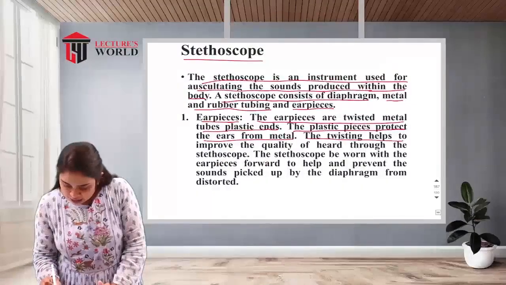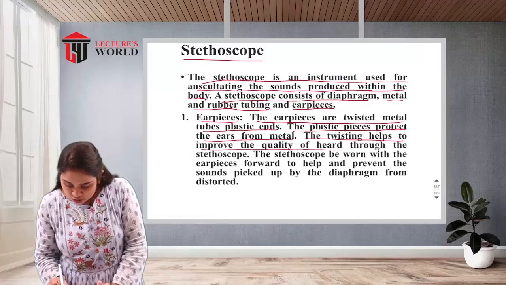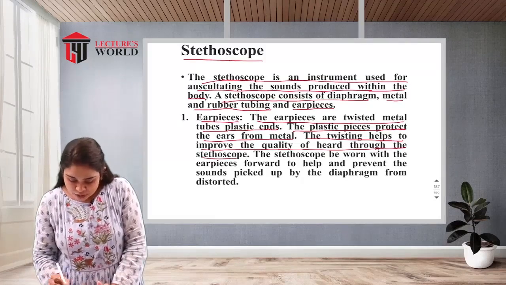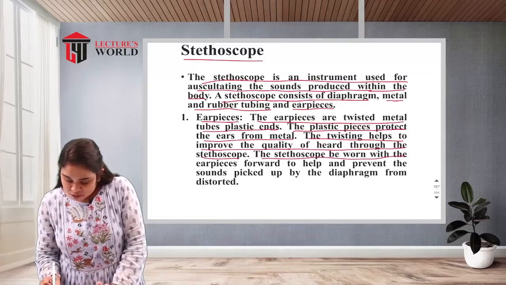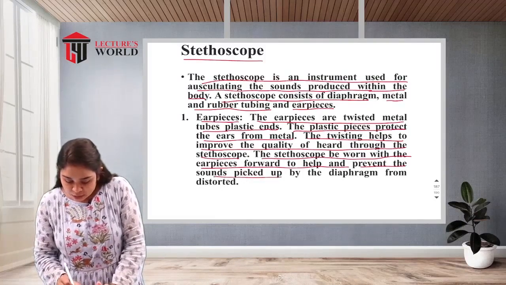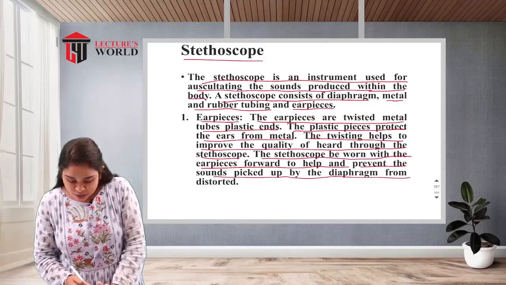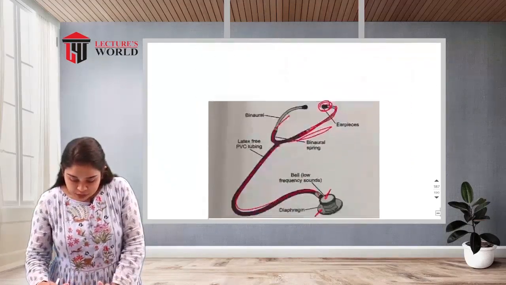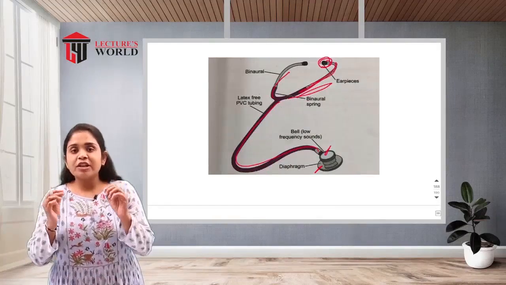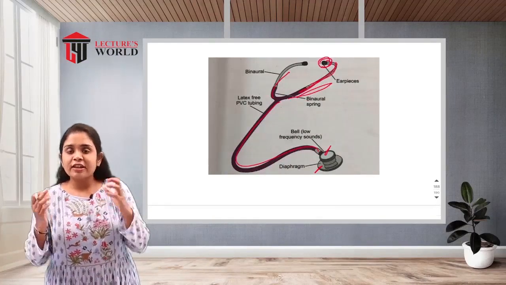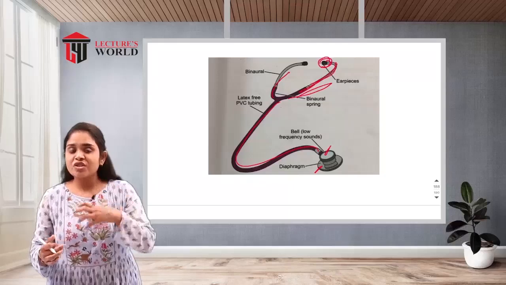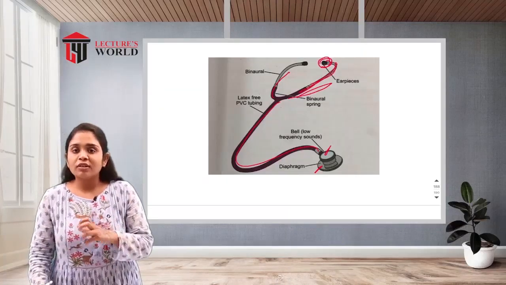The twisting helps to improve the quality of sound heard through the stethoscope. The stethoscope should be worn with the earpieces facing forward to help prevent the sound picked up by the diaphragm from being distorted. That is the part we put inside the ear, and we are able to listen to the sound produced from the bell or the diaphragm.